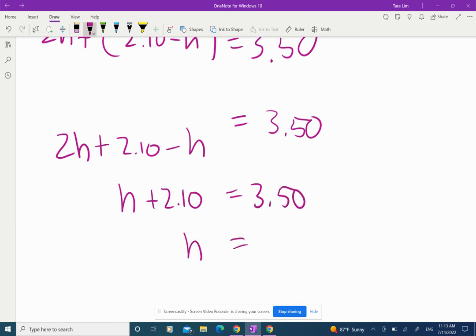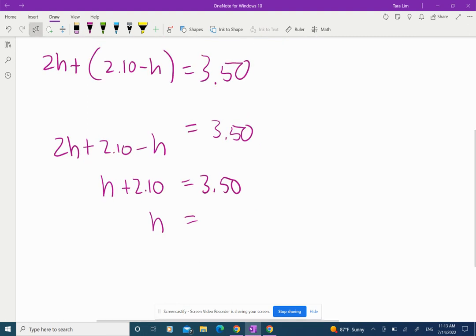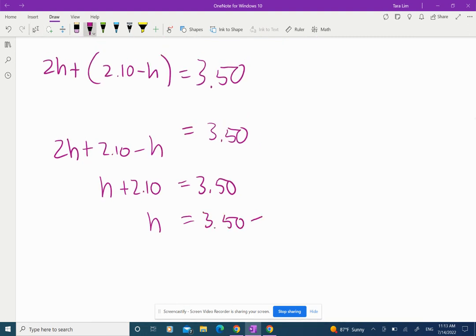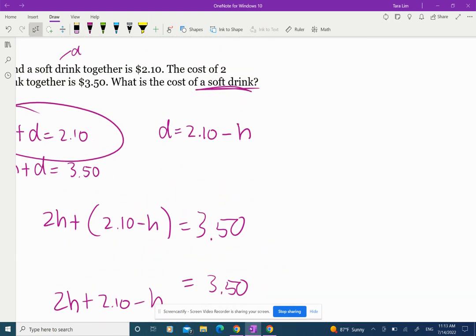Now I want to solve for H, so 3.50 minus 2.1 is 1.4. So H is 1.4. Again, we're not done yet because our goal is to find the cost of a soft drink.